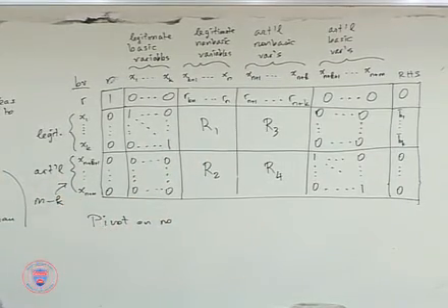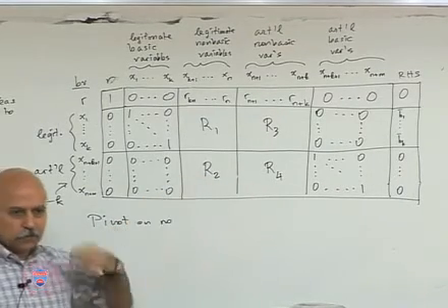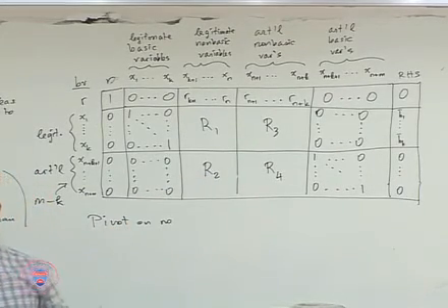You apply the same reasoning. You find a non-zero number in R2. You do one more pivoting. You just keep doing this.